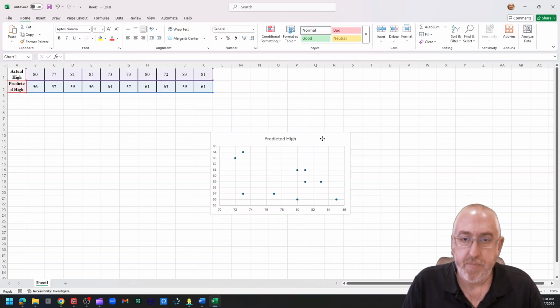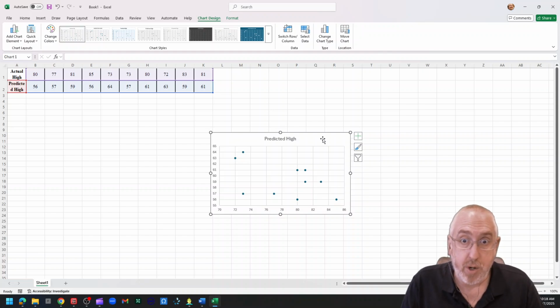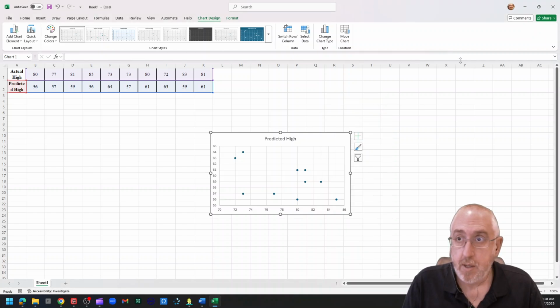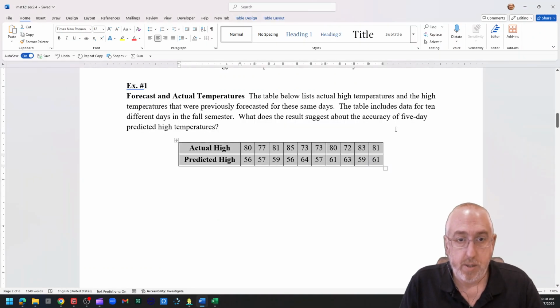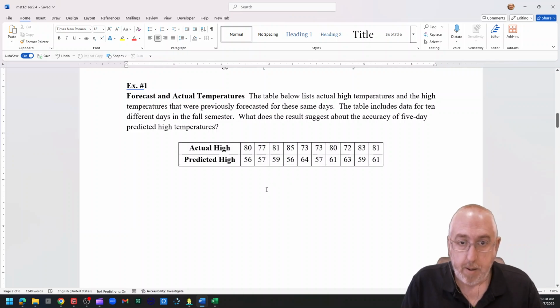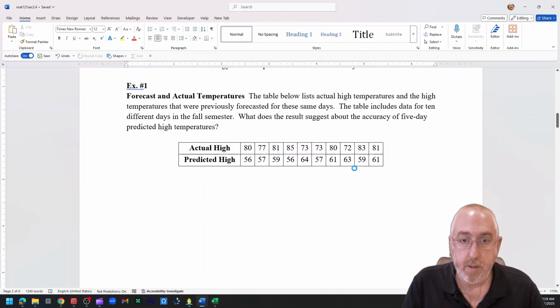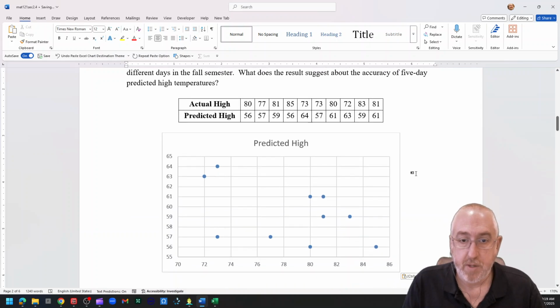Nice and quick. And if we want to put it back into our notes, you can do the same thing. You can copy it, and then we'll switch back to our notes, and then we'll right click again and paste it. And there it is.